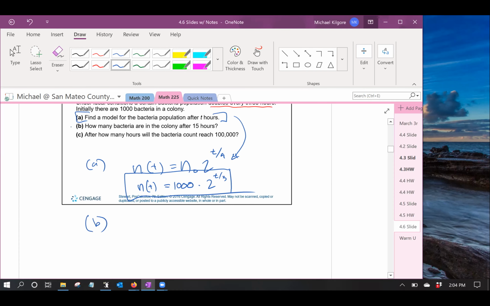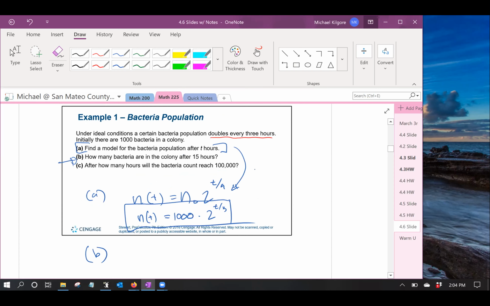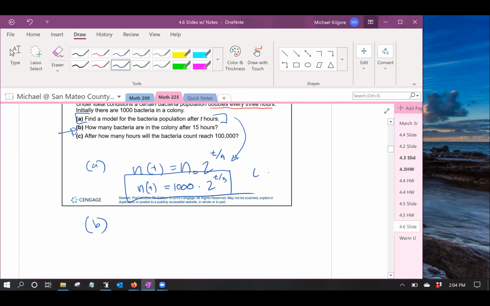Okay, B. Let's look at this. Notice also that t is equal to number of hours. So the time variable is in units of hours. Okay, so how do I calculate B? Put 15 into t. T equals 15.